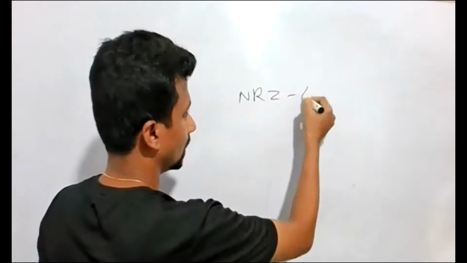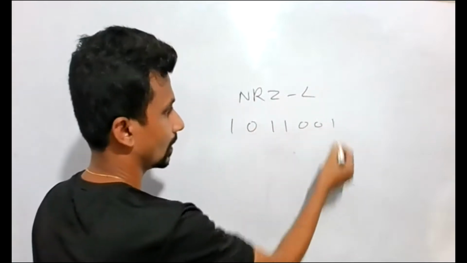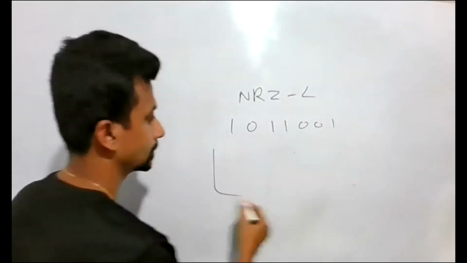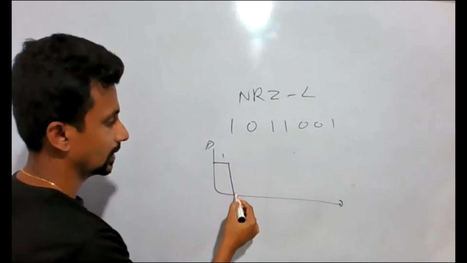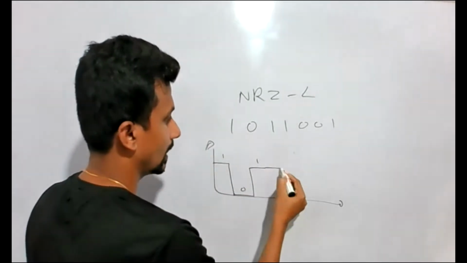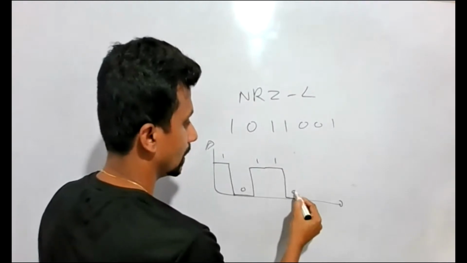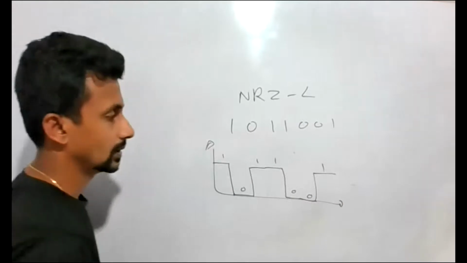We can also draw it like this, NRZ-L. Suppose these are our values. So 1 you can represent like this. 0 came down. Again 1, again 1, 0, 0, again 1, right? So this is possible.